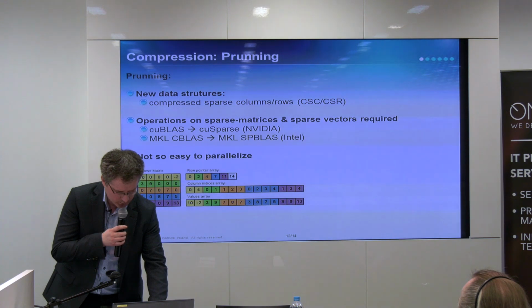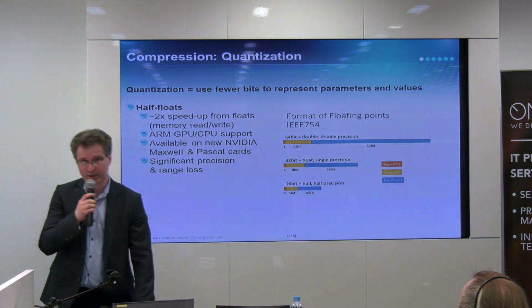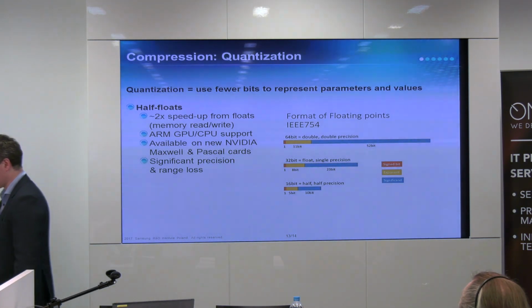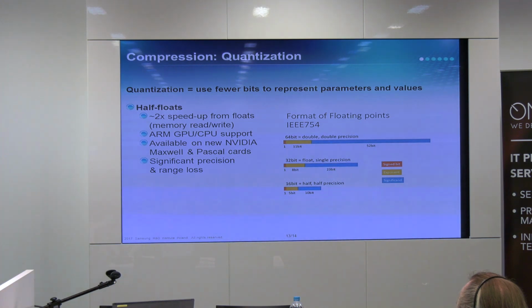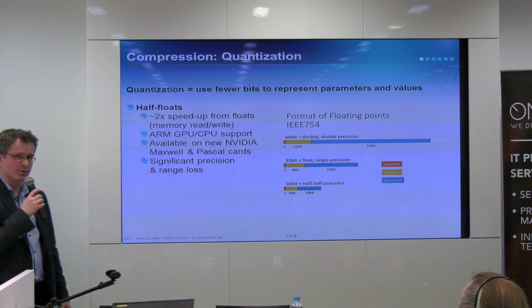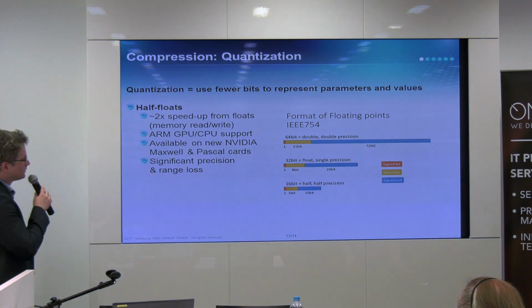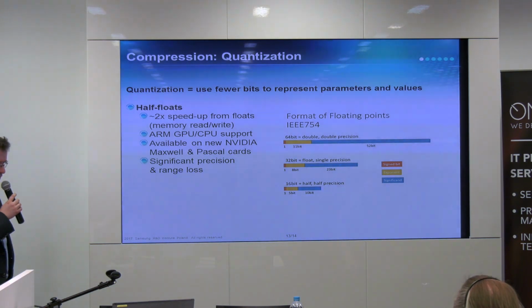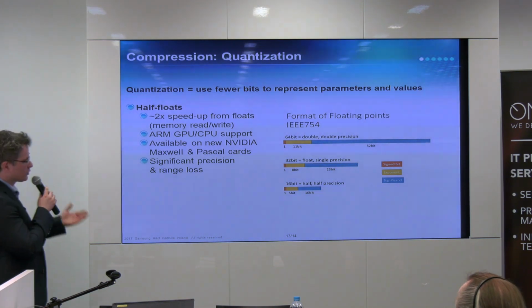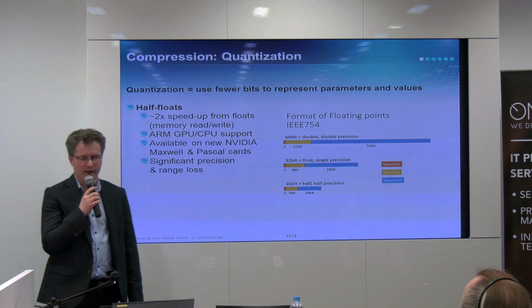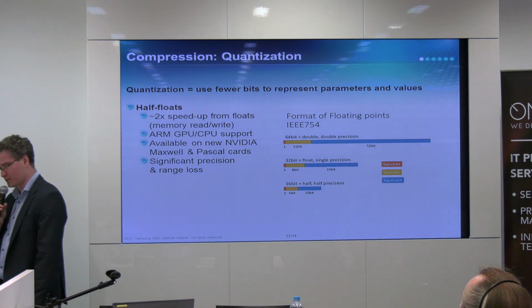Okay, so maybe another solution. Quantization. Okay, we can remove connections. Also, we can change the number of bits to represent our parameters. So the first try: usually when we're doing scientific calculations, we use double precision.